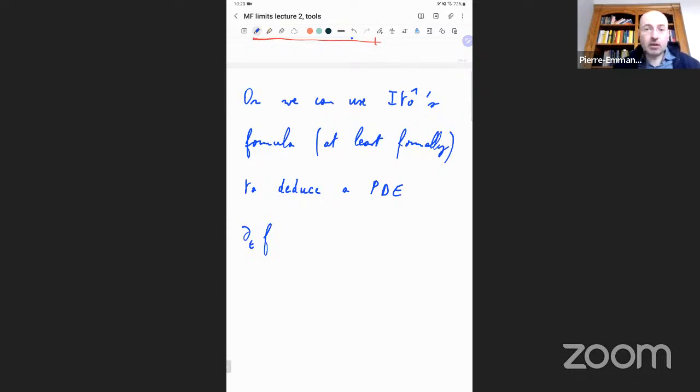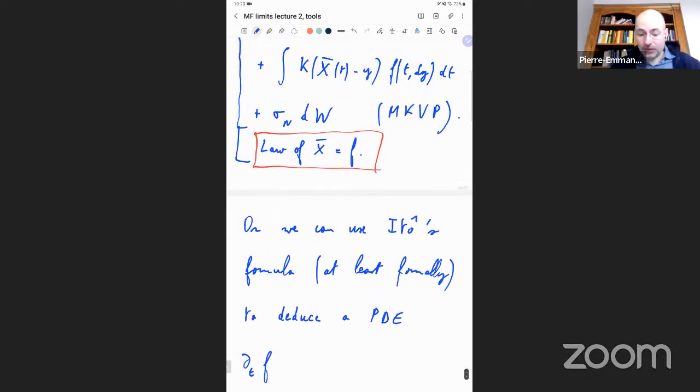And then I get the corresponding forward Kolmogorov equation associated to this SDE, assuming f is known.